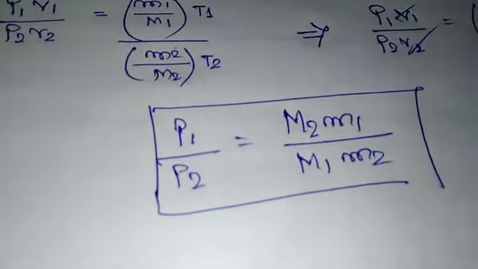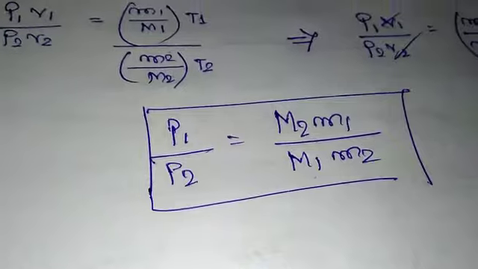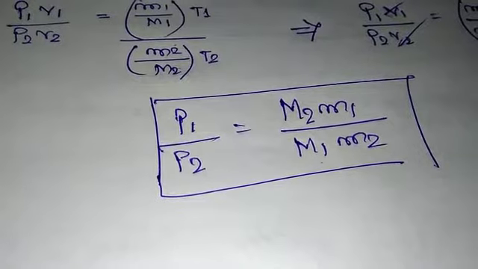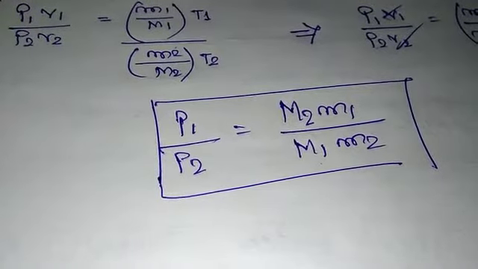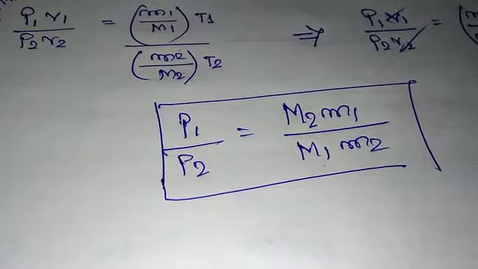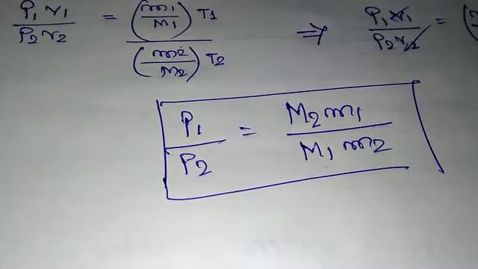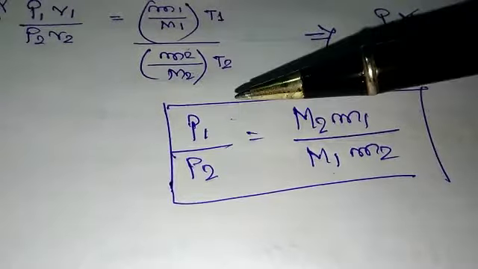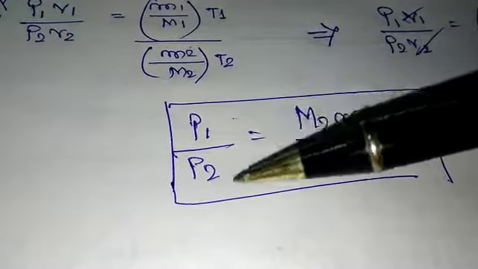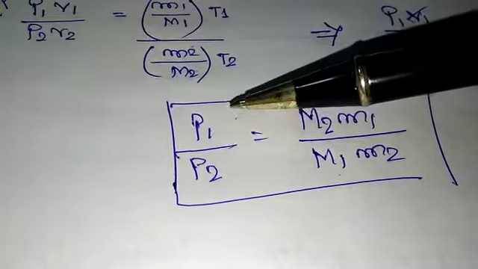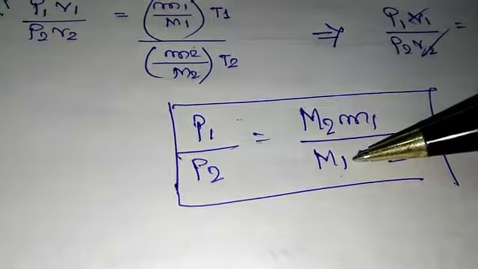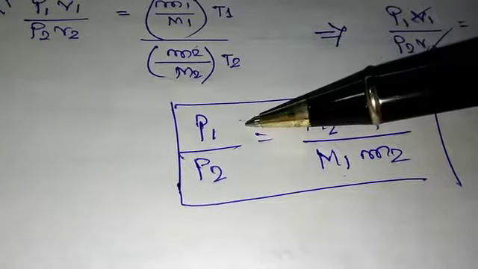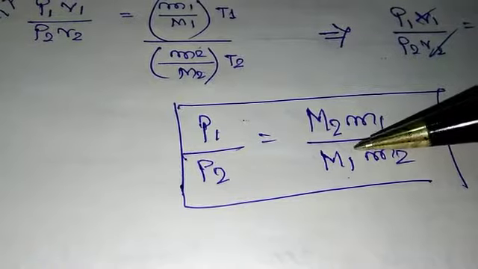Now if you look closely at this equation, you can deduce some very important characteristic features of a gas. The first feature that you can see here is that if we are taking two gases and we want to know which one will have a higher pressure, suppose we are talking about P1 and P2 and we know that P1 is high, then we will automatically know that the molecular weight of that P1 gas must be in its denominator, that is, pressure is inversely proportional to its molecular weight.